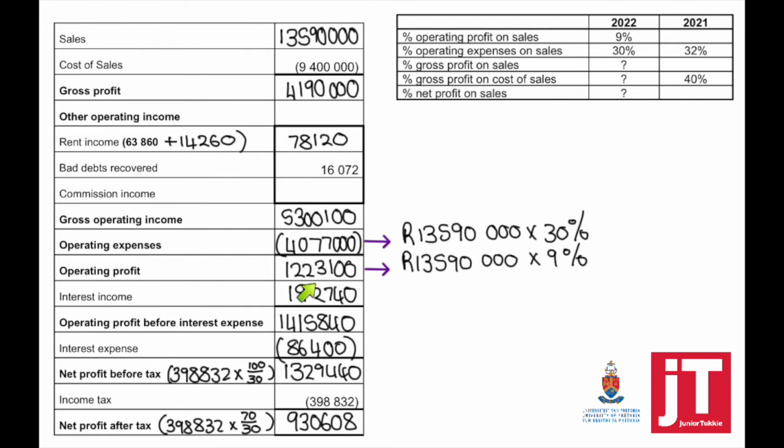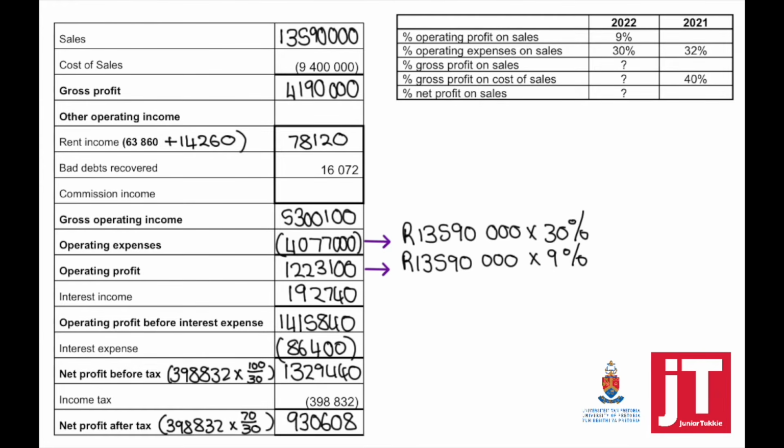Operating profit plus operating expenses equals gross operating income. We're working up now, so it means opposite calculations. You should know that the gross profit plus other operating income equals gross operating income.